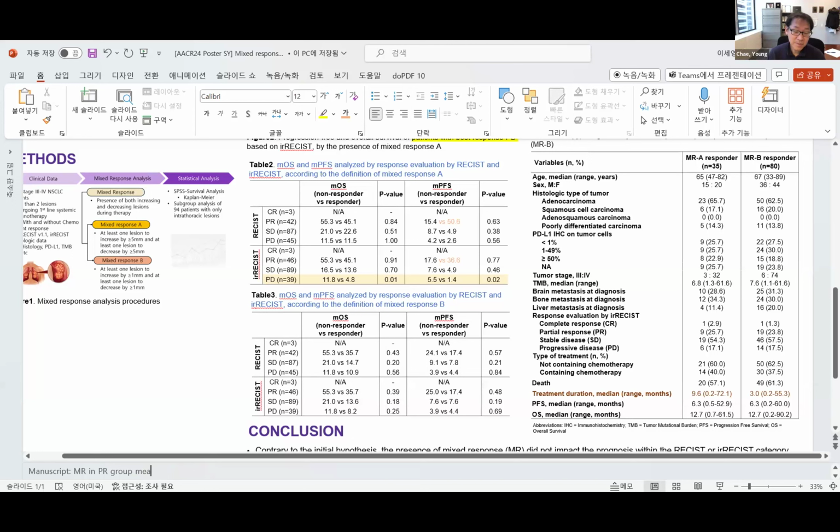And maybe those people live longer. So we can consider that.